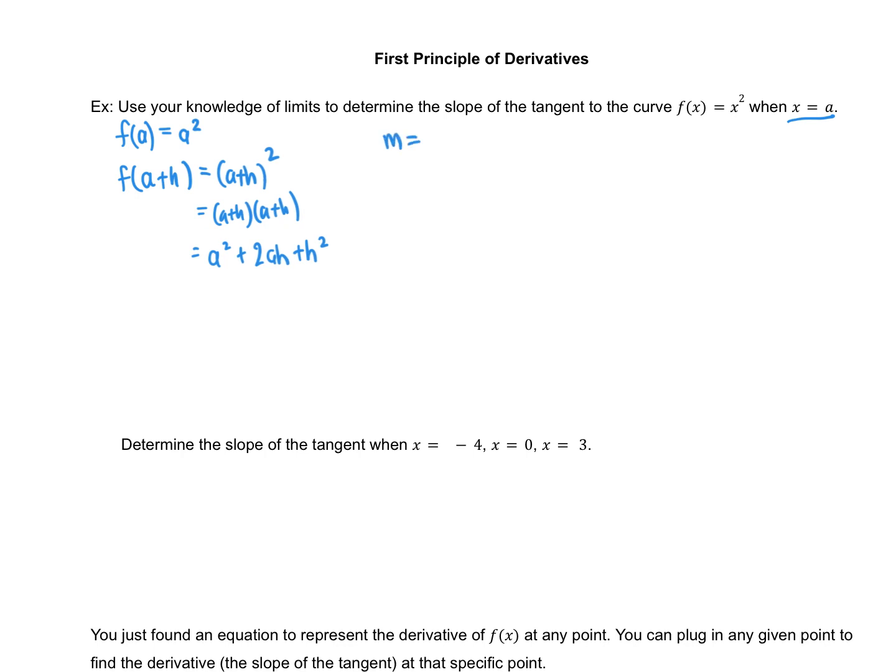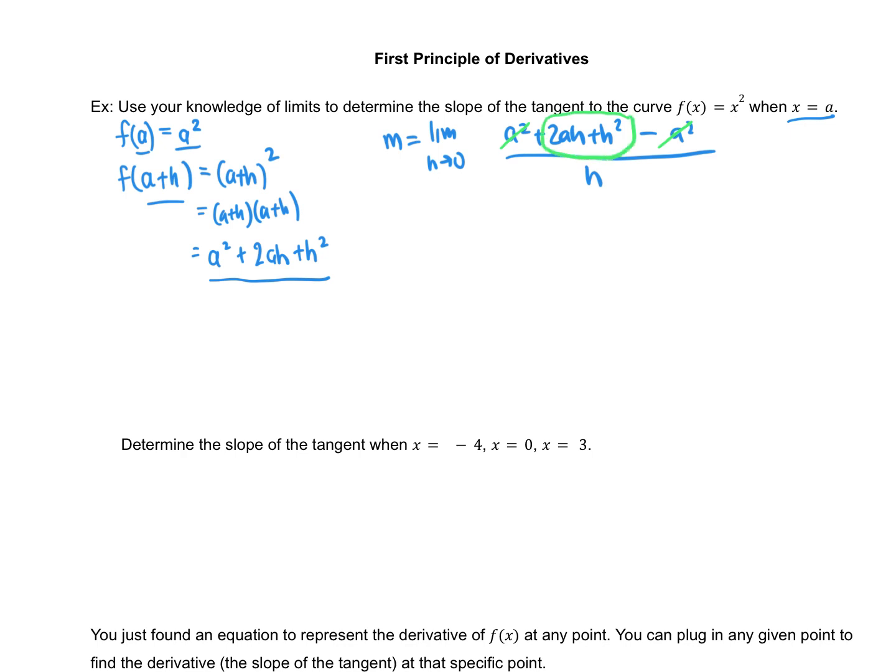So the slope is going to be the limit as h approaches 0 of y2 minus y1, so this minus this, a squared plus 2ah plus h squared minus a squared, all over a plus h minus a, but the a's cancel out, so we're just left with h. And now if we look at our numerator, a squared minus a squared is 0, and we're just left with these two terms.